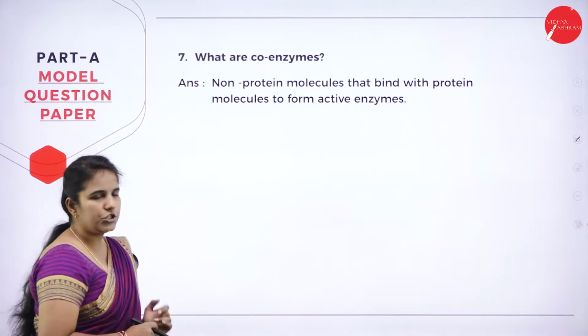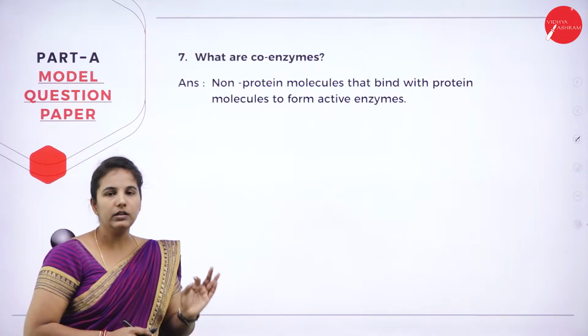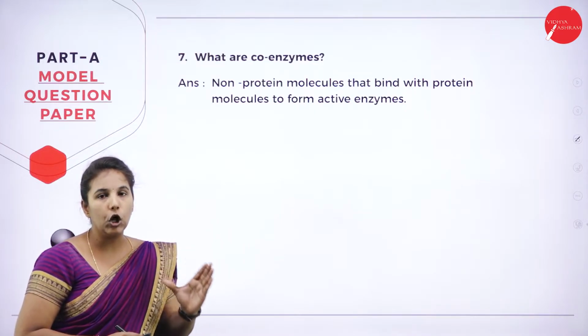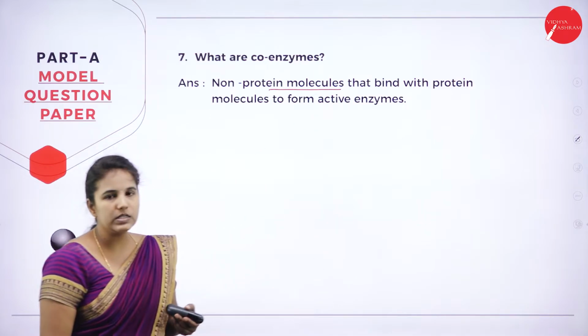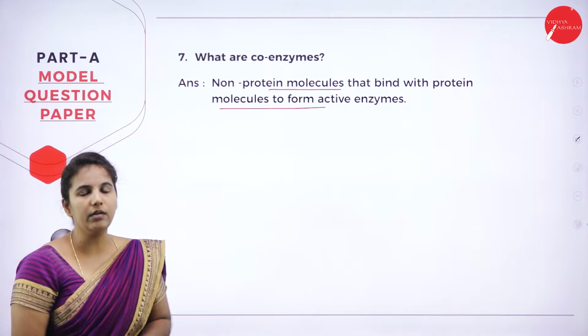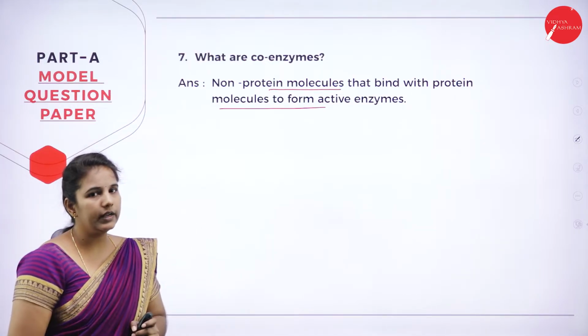Coming to the seventh question, what are coenzymes? Here, just define coenzymes. Coenzymes are non-protein molecules which combine with a protein molecule to form an active enzyme. For writing the correct statement, you will get 1 mark.